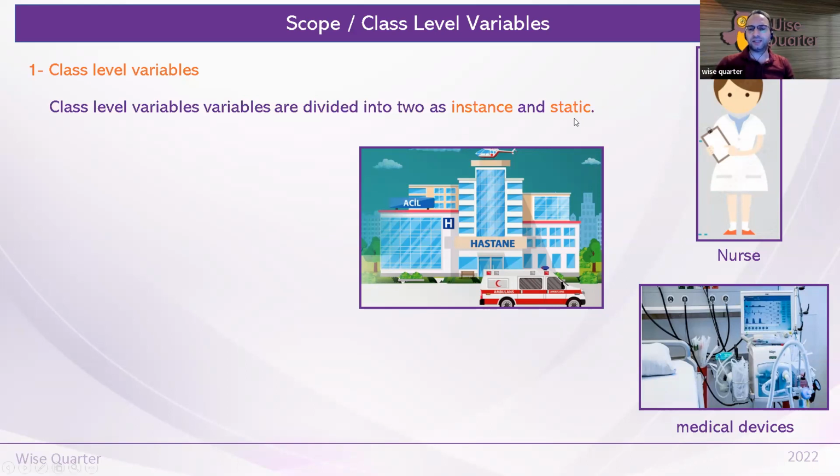The first one is static, and we created a lot of class variables in the previous class. The second one is instance variable. The other name is object variable. You can call it by both names. If it is static, you know it's static. If it is not, it means it is an instance or object variable.